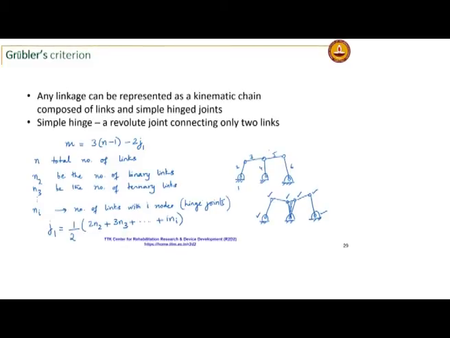Because a binary link will connect to 2 other links, when I count the joints, this will be the total number of joints. So, n equals n2 plus n3 plus ni, and I have j1 equal to half of 2 n2 plus 3 n3 plus i ni.